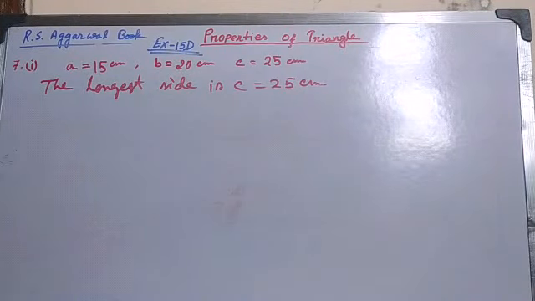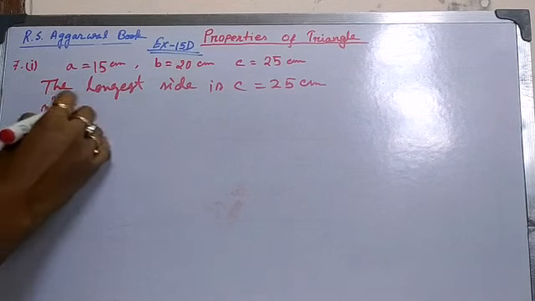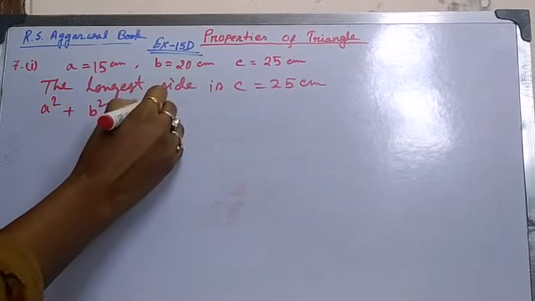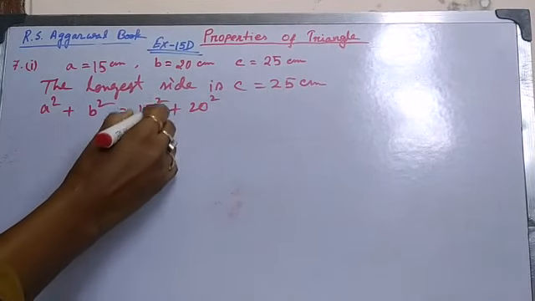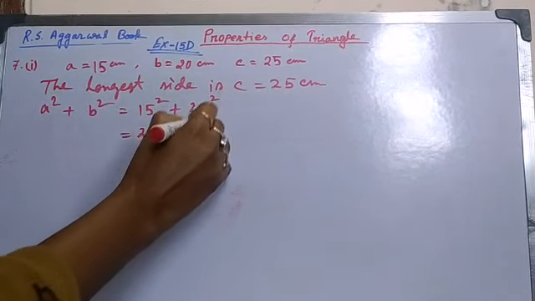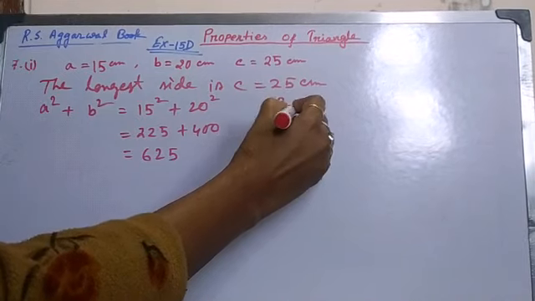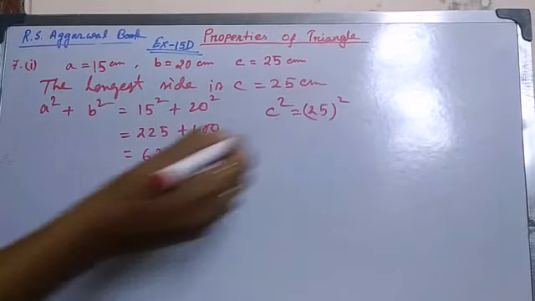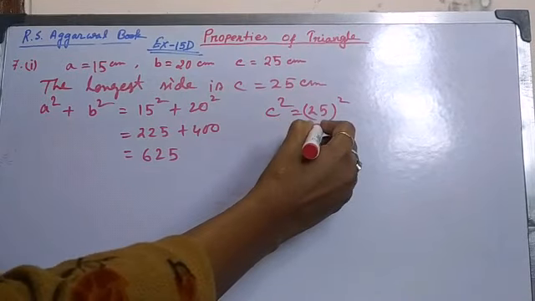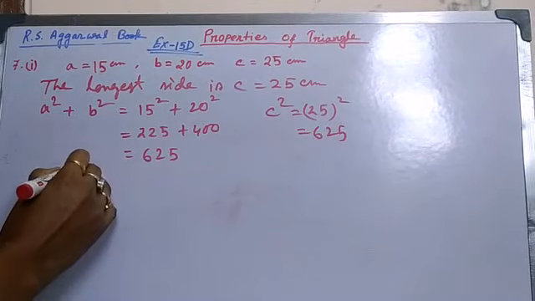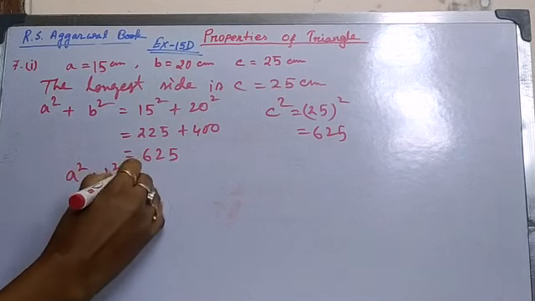So here we will find out A square plus B square, because we know that the longest side is the hypotenuse of a right angle triangle. So A square plus B square, that means 15 square plus 20 square. 15 square means 225 plus 400, 625, and C square means 25 whole square, that means 625. So here A square plus B square equal to C square.